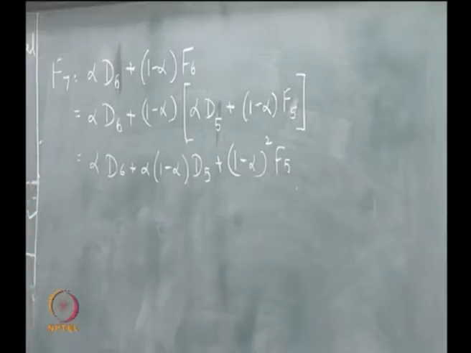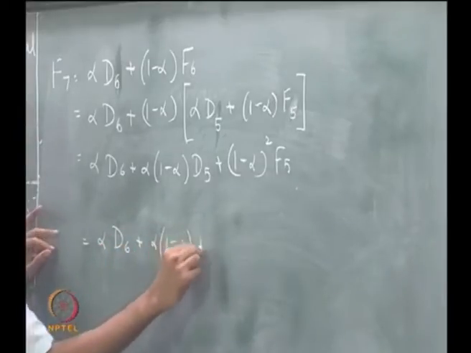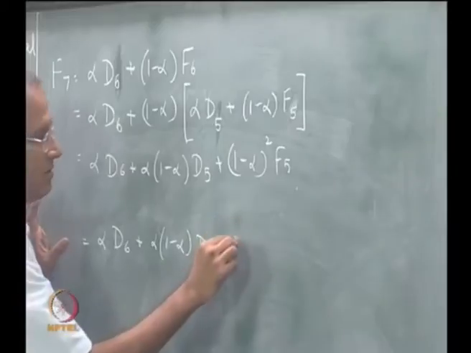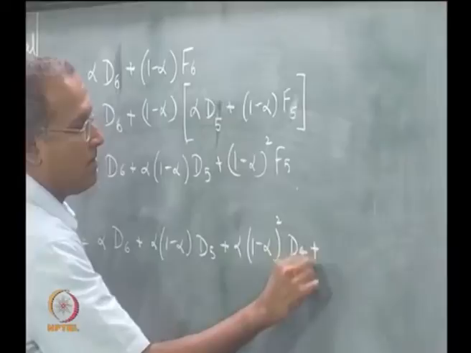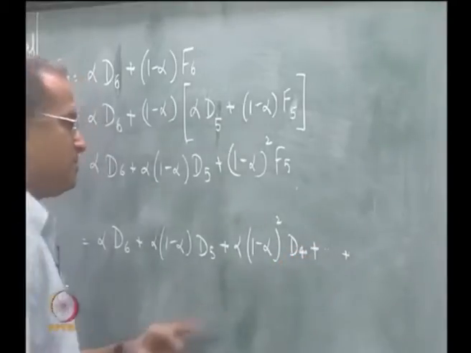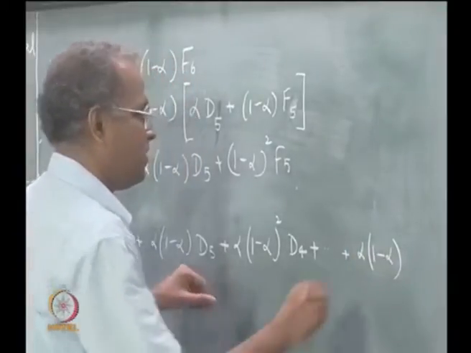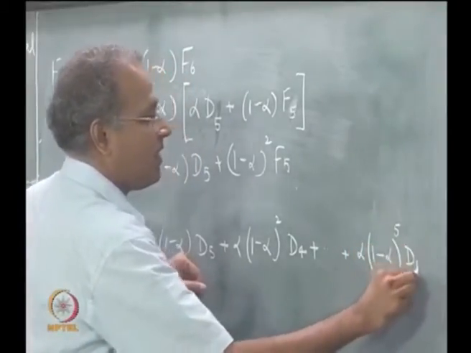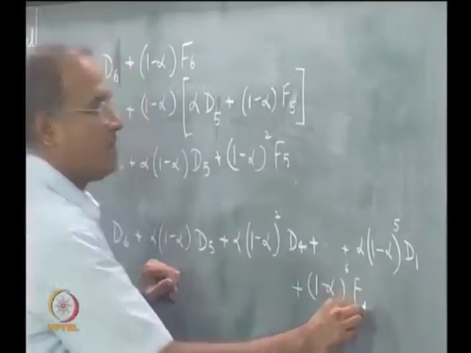Now F5 will be written as alpha D4 plus 1 minus alpha F4, and if we continue to do this, we will get alpha D6 plus alpha into 1 minus alpha D5 plus alpha into 1 minus alpha square D4 plus etc., plus alpha into 1 minus alpha to the power 5 D1 plus 1 minus alpha to the power 6 F1.